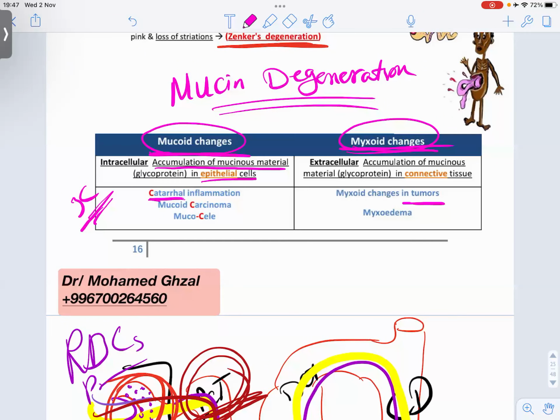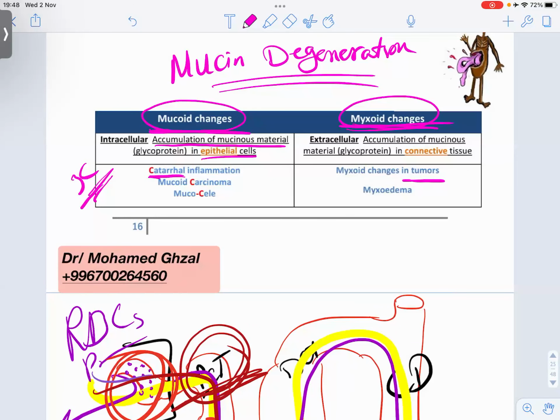When you find mucin in connective tissue, it's abnormal. So you can suspect there's a tumor inside your connective tissue, and some mutation in this tumor leads to accumulation of mucin. The cell now starts to synthesize mucin, and it's called myxoid, not mucoid.